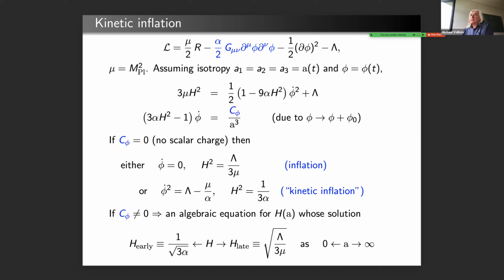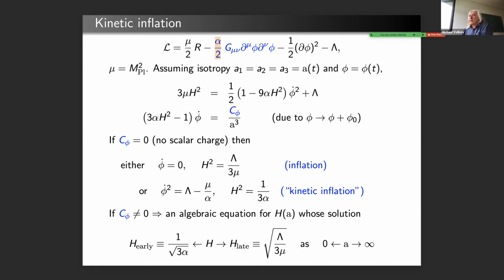Now, if this constant is 0, then the left-hand side should vanish, which is possible either if phi dot is 0, and in this case the Hubble is determined by the cosmological term, or the left-hand side vanishes if this bracket vanishes, and then phi dot is this, and Hubble is also constant, but this constant is determined not by the cosmological constant, the lambda term, but by the coefficient in front of the kinetic term.